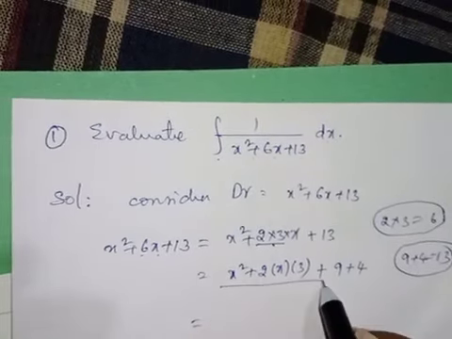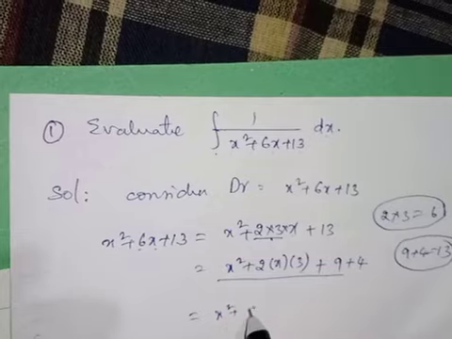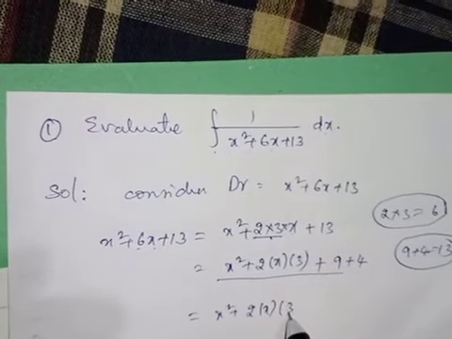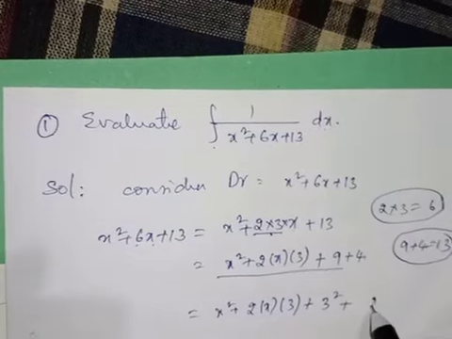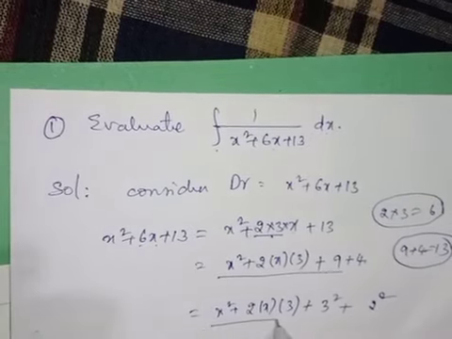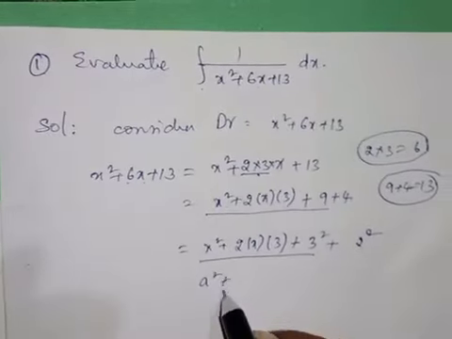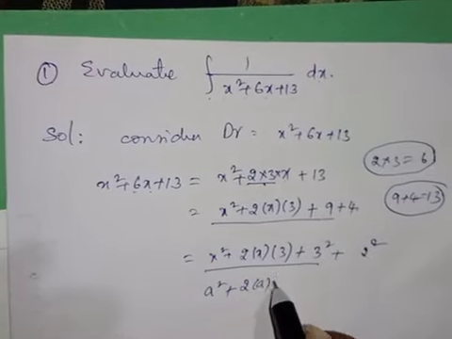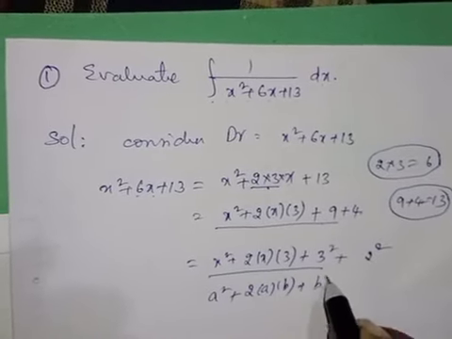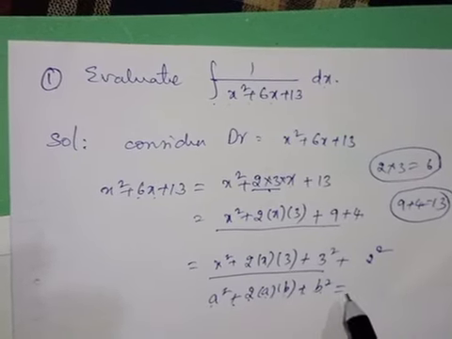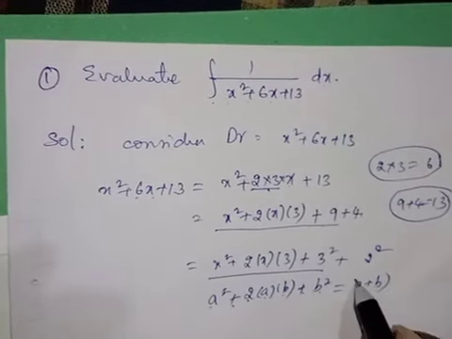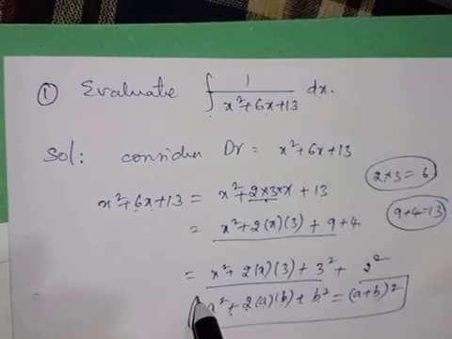Observe here, this is x square plus 2 into x into 3 plus, we can write 9 as 3 square. At the same time, 4 we can write as 2 square. This is the a square plus 2ab plus b square formula. A square plus 2ab plus b square is equal to a plus b whole square.